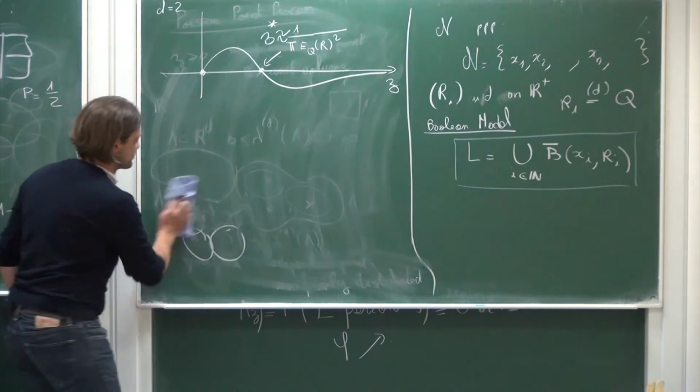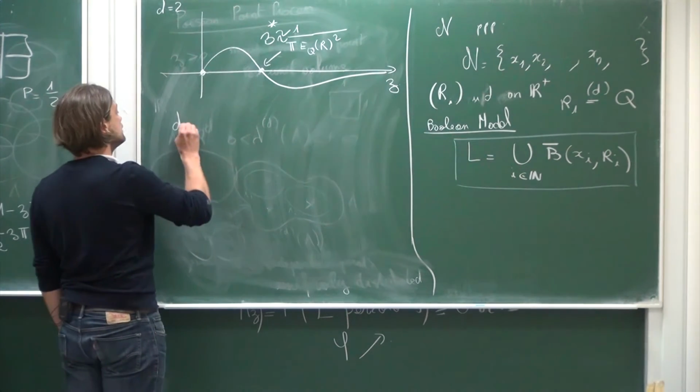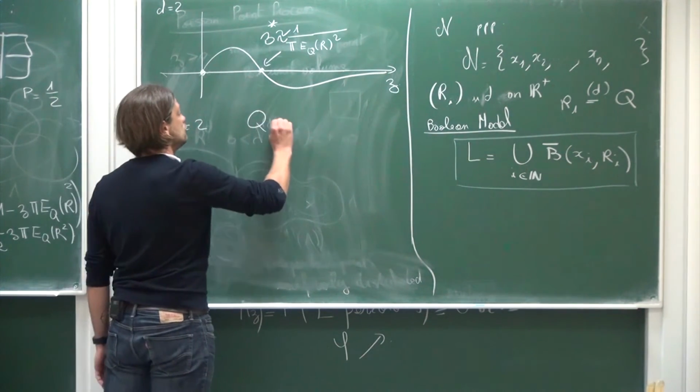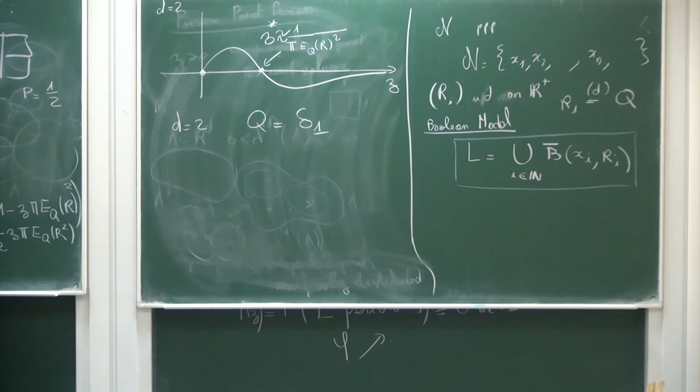So for example, in the Boolean model in dimension d equal to 2, q is a Dirac at 1, just a non-random radius fixed equal to 1.